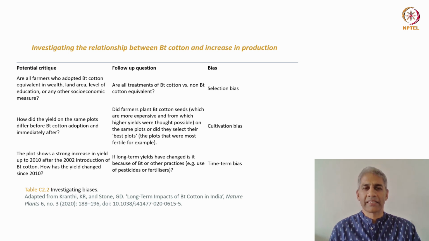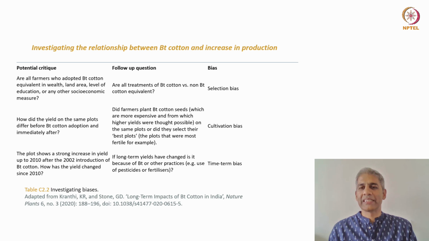And are we looking at the socio-economic strata of these farmers? And on their land, are farmers treating Bt cotton and non-Bt cotton in the same way, or are they paying extra attention to the Bt plots? So there could be a selection bias, there could be a cultivation bias, and there could also be a time bias.